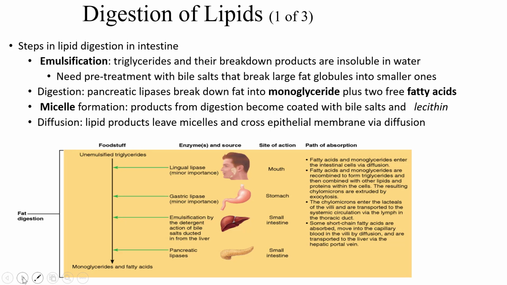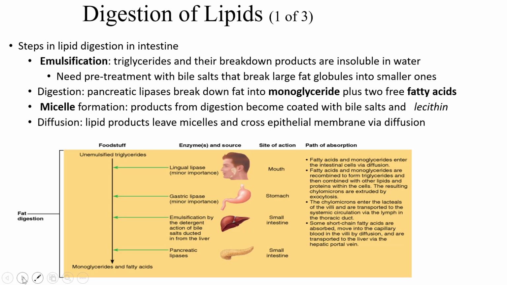Triglycerides and the breakdown products are insoluble in water, so there needs to be a treatment with bile salts that break large fat globules into smaller ones. Then the next step is digestion, where pancreatic lipase breaks down fat into monoglyceride and 2 free fatty acids.